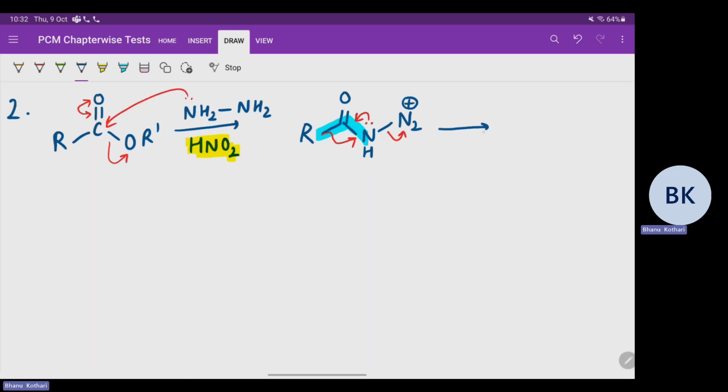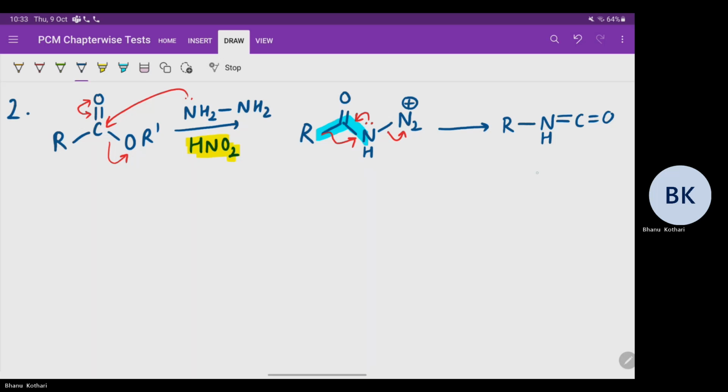So when this rearrangement takes place, we'll get RNH C double bond O, and double bond C double bond O. Now from here, what will take place? H plus will depart.